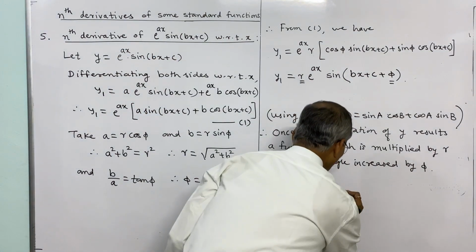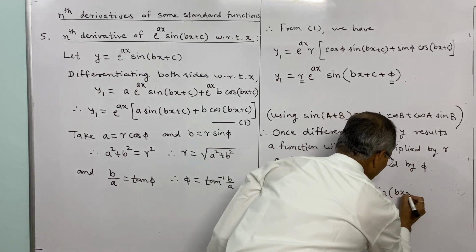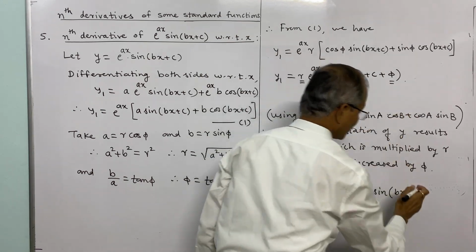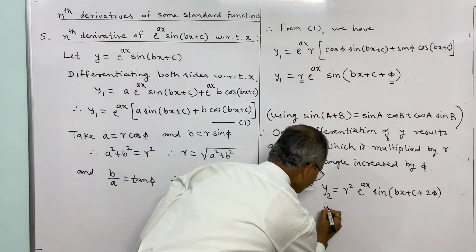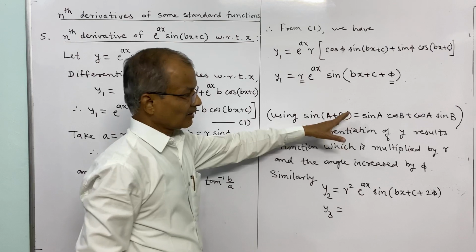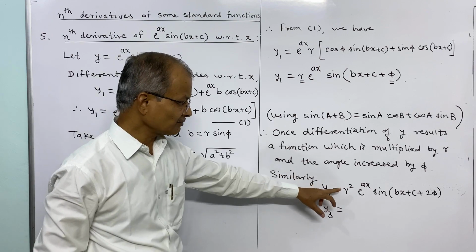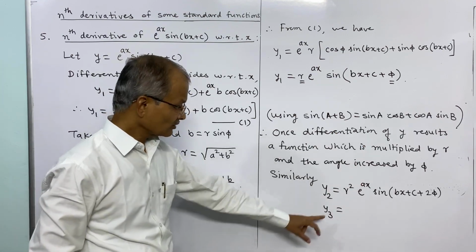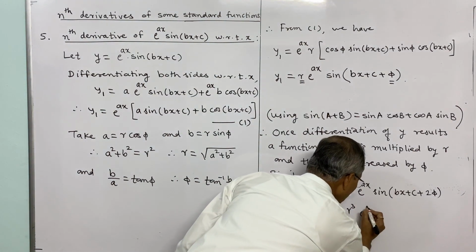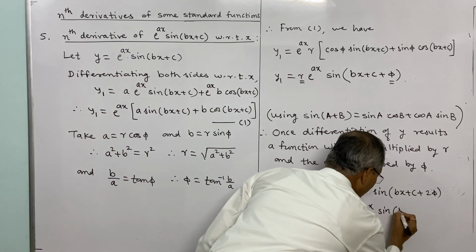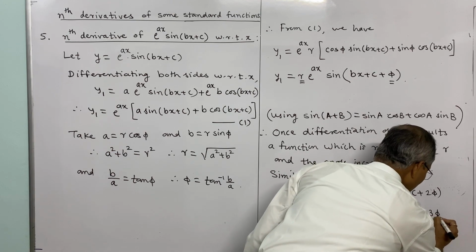So y2 is r square e to the power ax sin of bx plus c plus 2 phi. Y3: again, every time in differentiation the function gets multiplied by r and the angle increases by phi. So y3 from y2 will be r cube e to the power ax sin of bx plus c plus 2 phi plus phi, that is 3 phi.